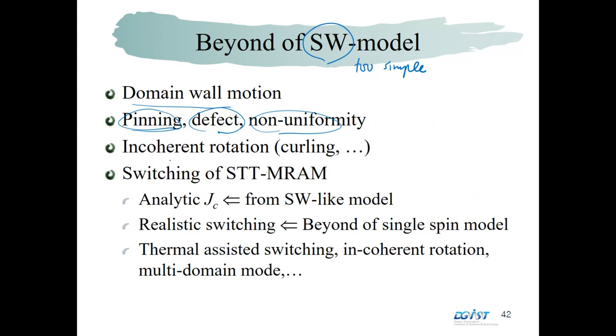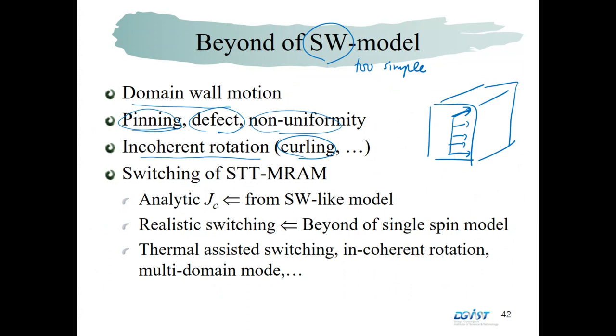And also, in many cases we obtain incoherent rotation. That means, in other words, curling. If we have the material here, the spin direction at one point here, but at the bottom they have slightly different angles. So there is some continuous variation of magnetization angles. That's what we call curling.